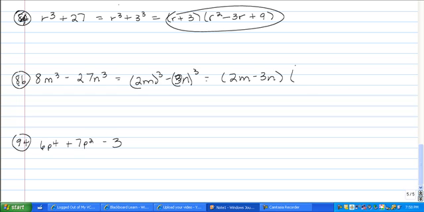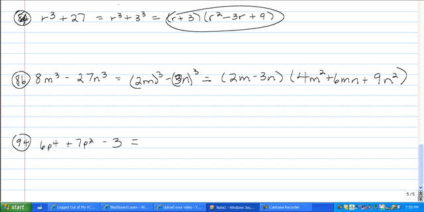Square the first term before I do that. Then positive 6mn, then positive, we want to square the second term.